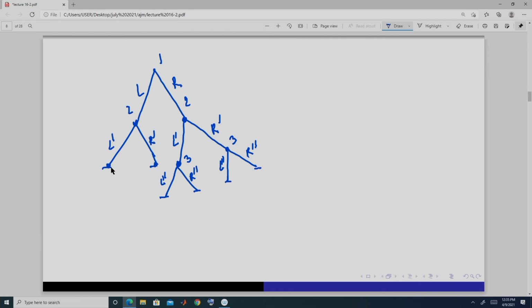Suppose this is a game between 3 players, player 1, player 2, player 3. So the sequence is, this is stage 1, this is stage 2, and this is stage 3. Stage 3 may be played or may not be played, depending on the action chosen by player 1.